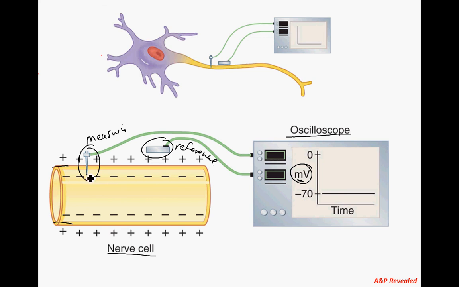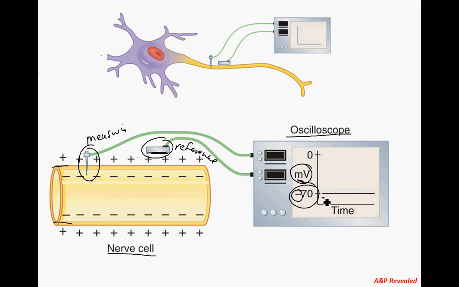And this reference electrode is on the outside of the cell. And so the difference between them is then recorded on the oscilloscope here. And we see that the difference is about negative 70 millivolts worth of charge, where this negative indicates that the inside, where you're measuring, has less positive charge than the outside, right, or is negatively charged.